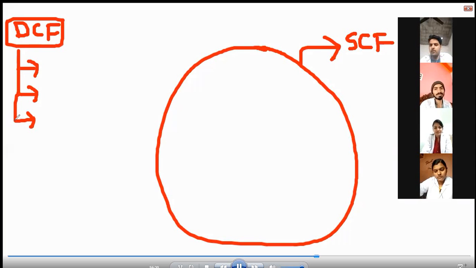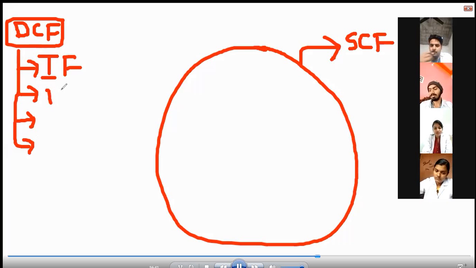Now we have to cover all the layers. What are the layers? Number one is investing fascia. Number two is pretracheal fascia. Number three is prevertebral fascia.